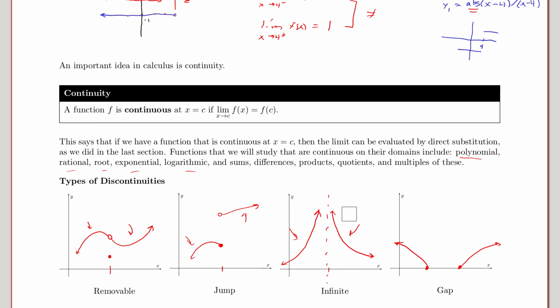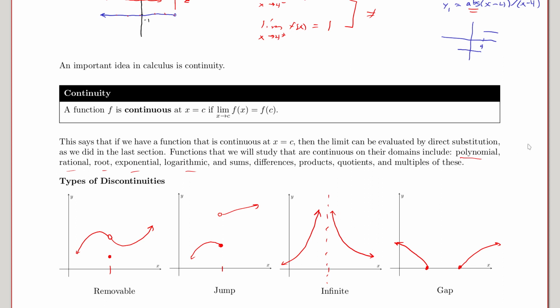Let me clean this up again. And like I said, on the removable discontinuity, you can still be defined, just not at the same height. And these could both be open or one could be closed.